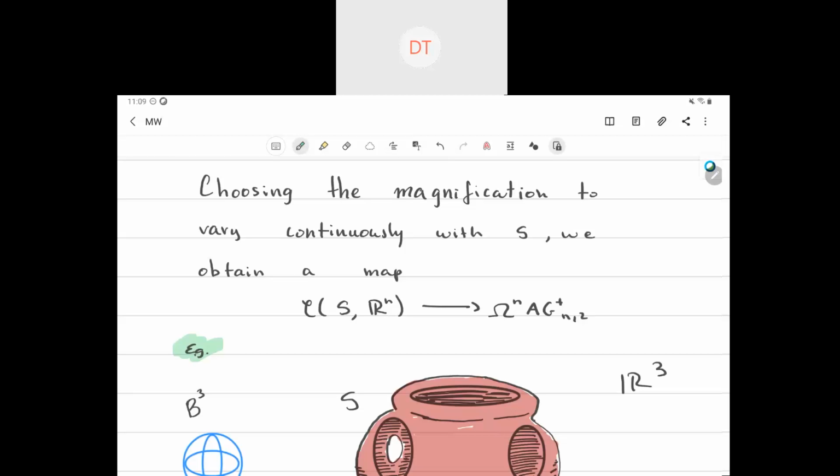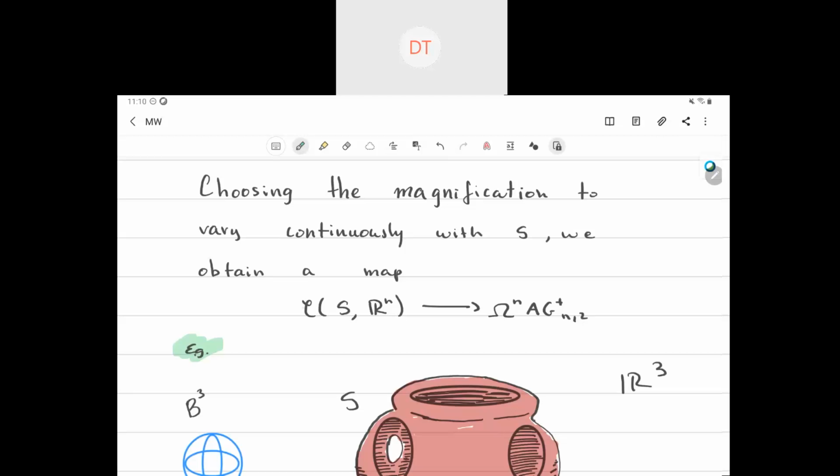So what is this? What we did above was we chose one copy of S in Rn, and from this copy of S in Rn, we produced a scanning map that scanned all of Rn plus that point at infinity, and we retrieve the point in the loop space.